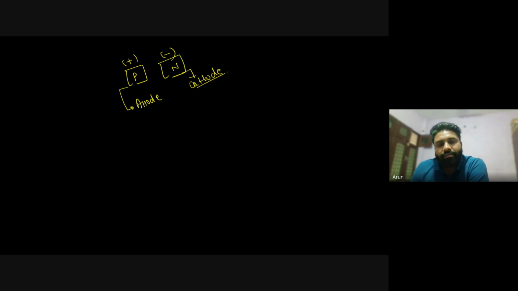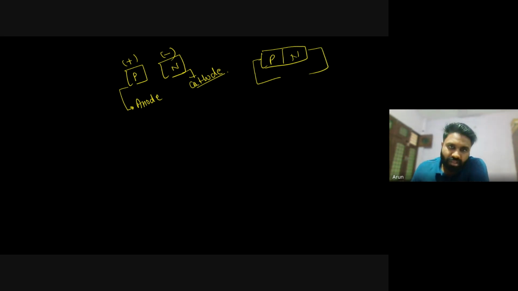These anode and cathode are nothing but the p-type and n-type semiconductors attached to each other in the p-n junction. So there are two electrodes we are using.